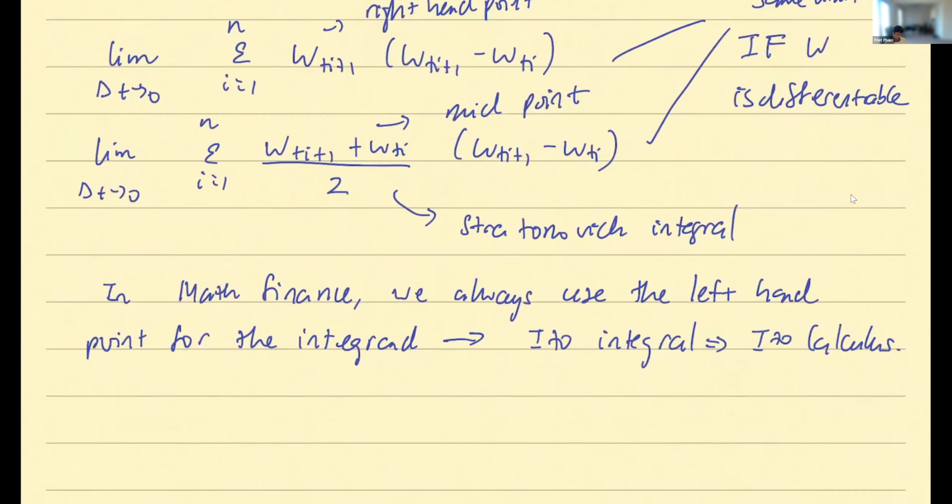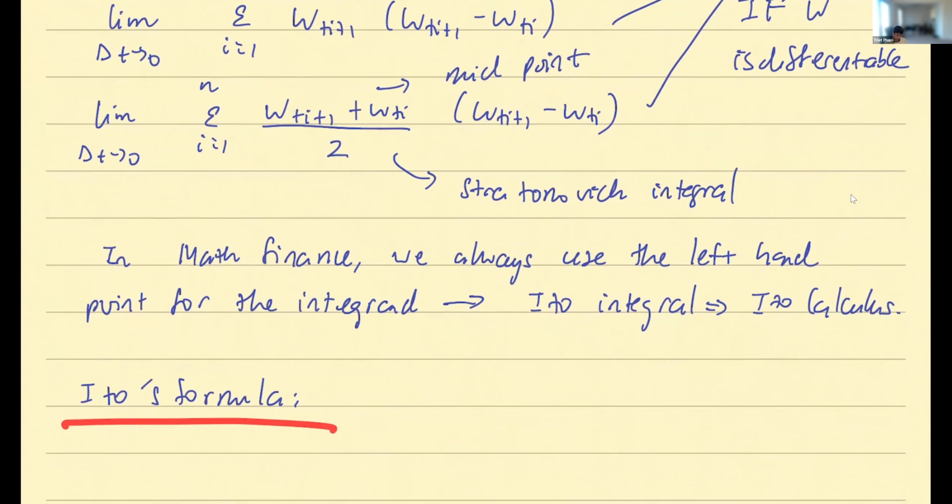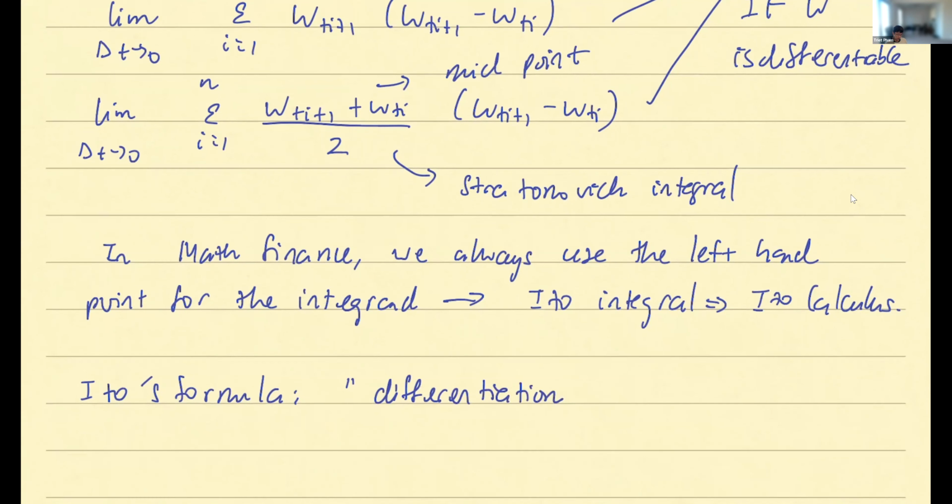All right. So now, that's a bunch of abstract discussion, but I hope the more you use it, the more it will become natural. So our next topic is going to be the Ito Formula. So the Ito Formula is basically like differentiation in the presence of Brownian motion.